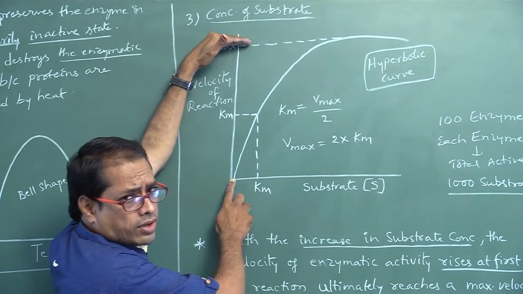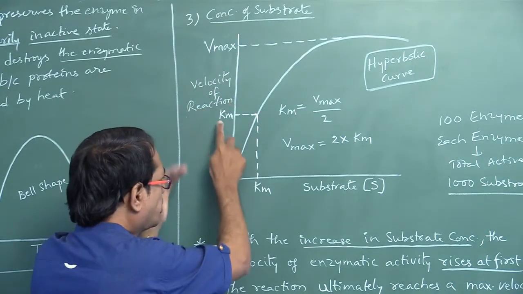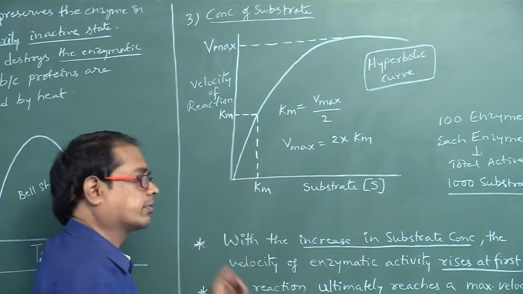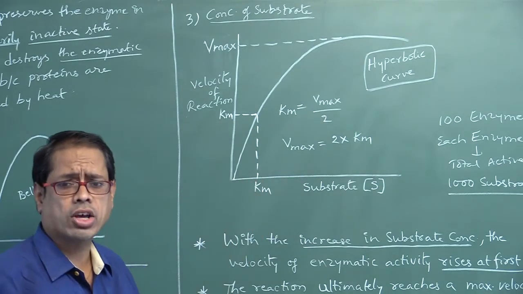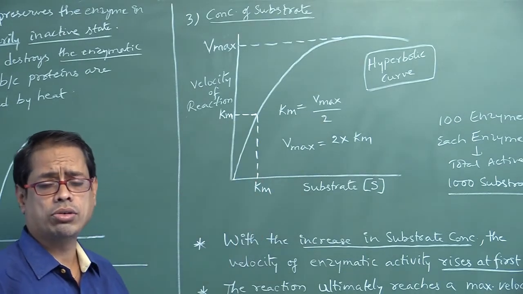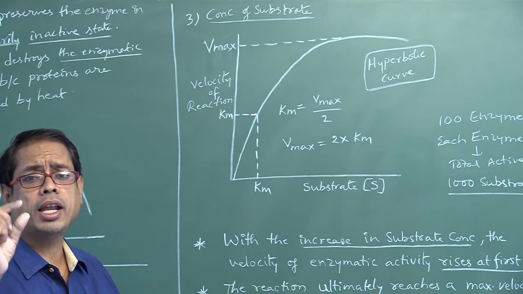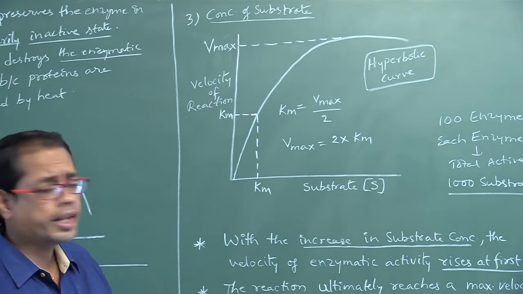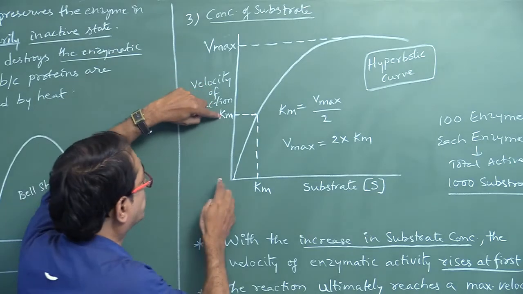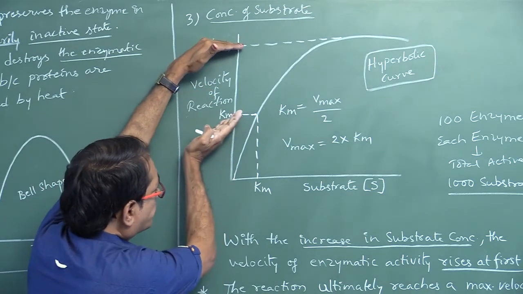Half of the maximum velocity is called the Km value. Km means Michaelis-Menten constant. What is the Michaelis-Menten constant? Half of the maximum velocity.